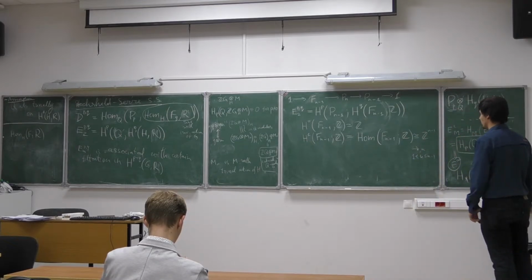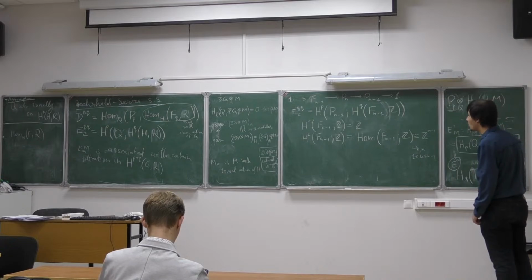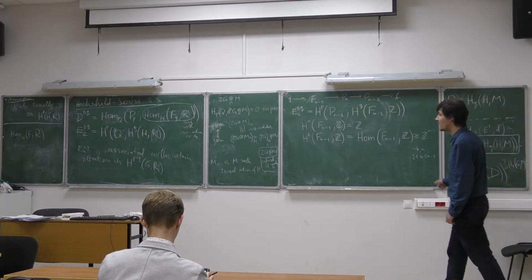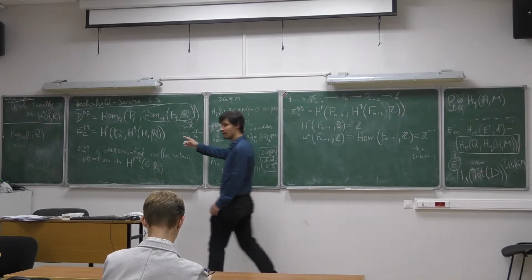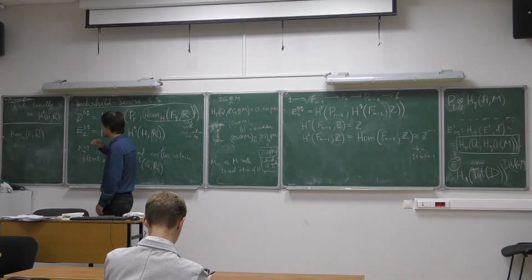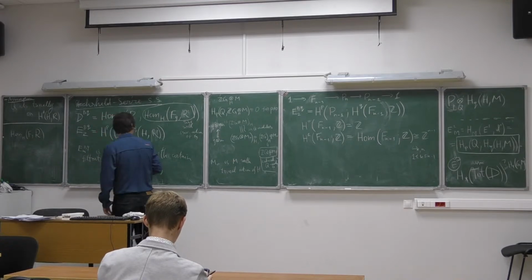This is just counting homomorphisms of certain generators. So we are exactly in this situation, and it is important that we have a multiplication here.